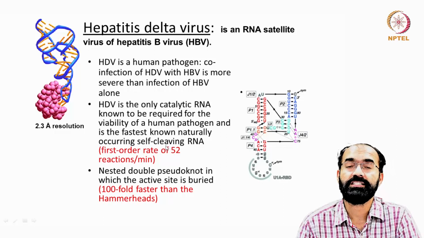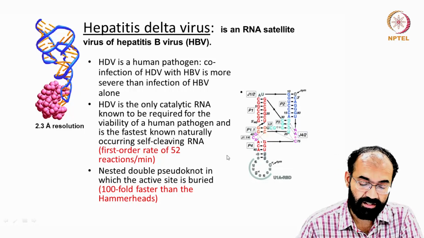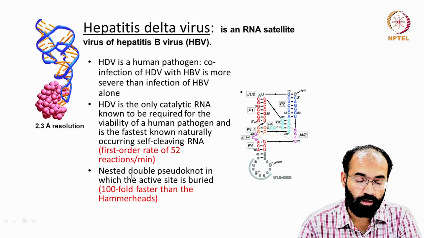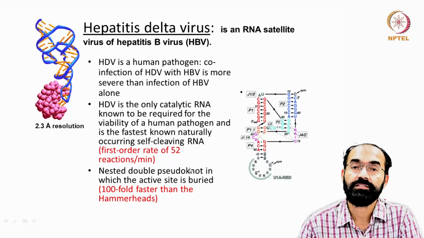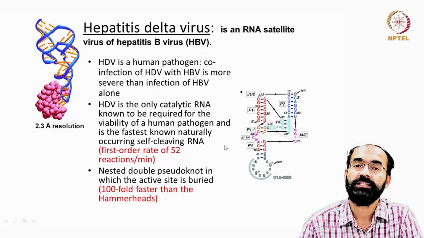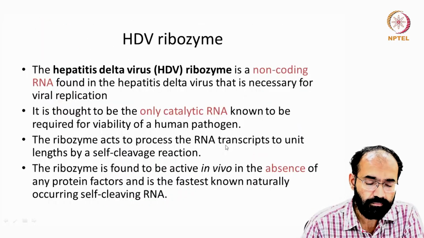Hammerhead ribozymes are also reasonably fast, but the HDV ribozyme is much faster. The structural feature called the nested double pseudoknot is quite capable of imparting this fast reaction.